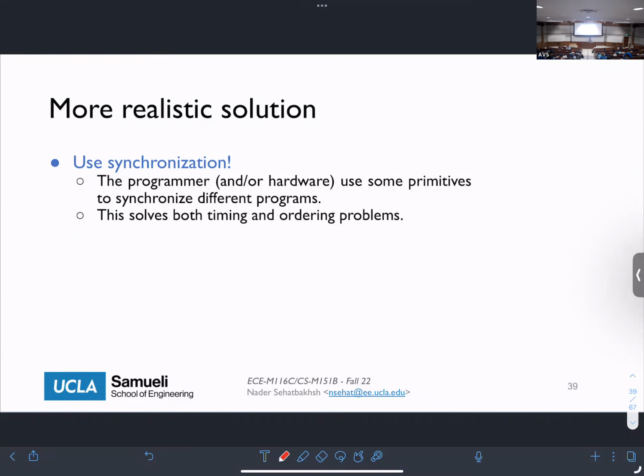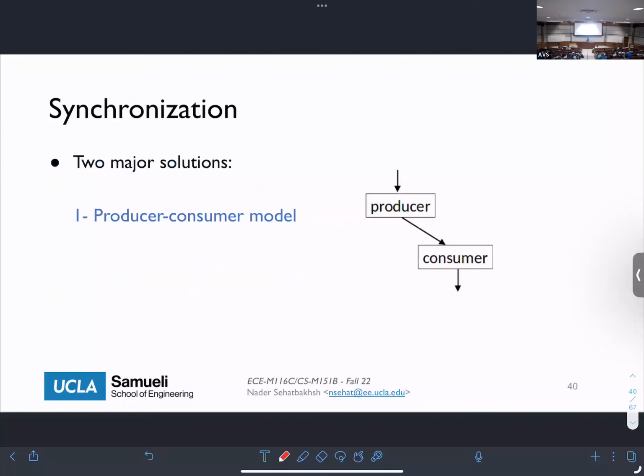Instead, what you can do is say, okay, I want to go from point A to B, so let's, for example, meet at C at 1:30 or whatever. Once you reach C, you say, okay, let's go separately. Again, we're going to meet each other at B, and so on and so forth. So there will be points where you synchronize, check with each other, and move forward and move forward.